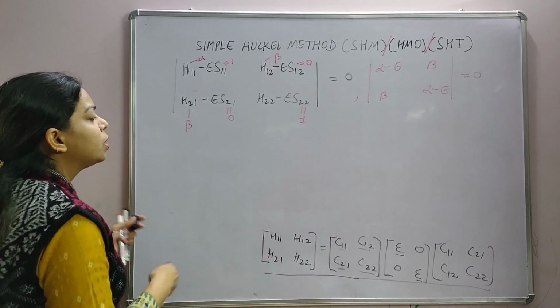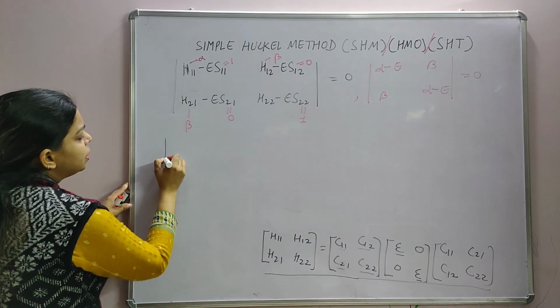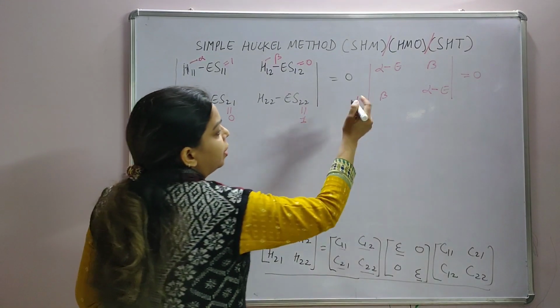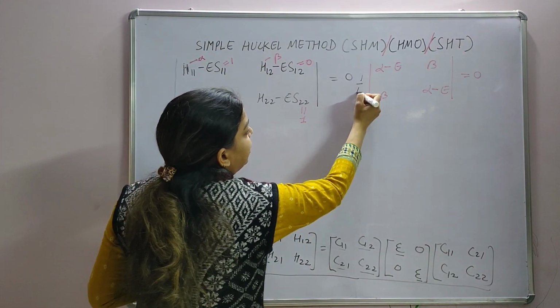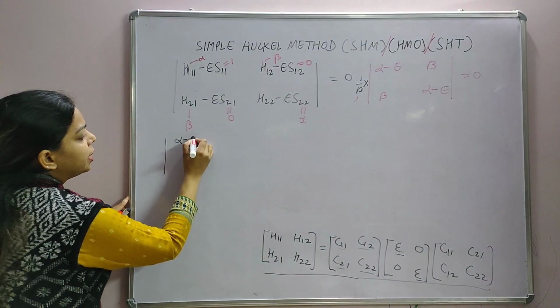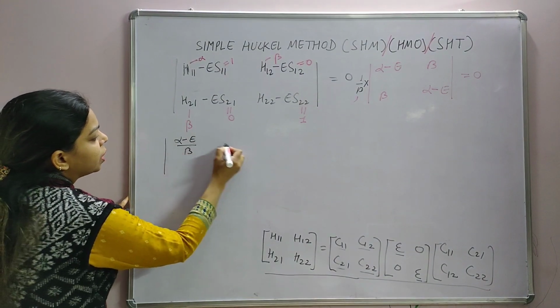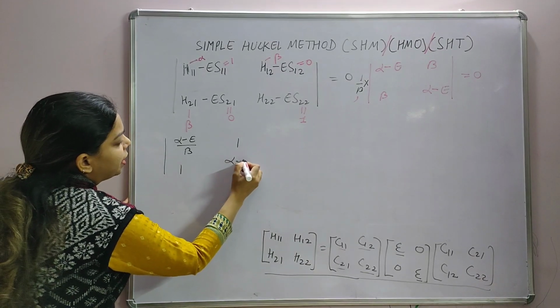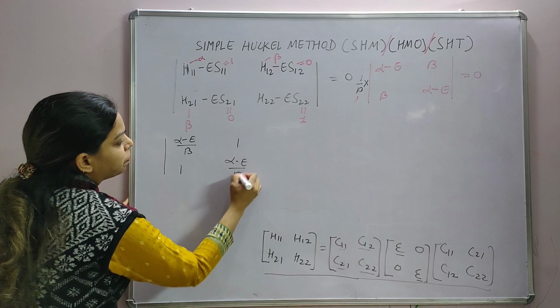For further simplification, multiply this entire equation by 1 by beta. So we will have alpha minus E upon beta, 1, 1, and alpha minus E upon beta.